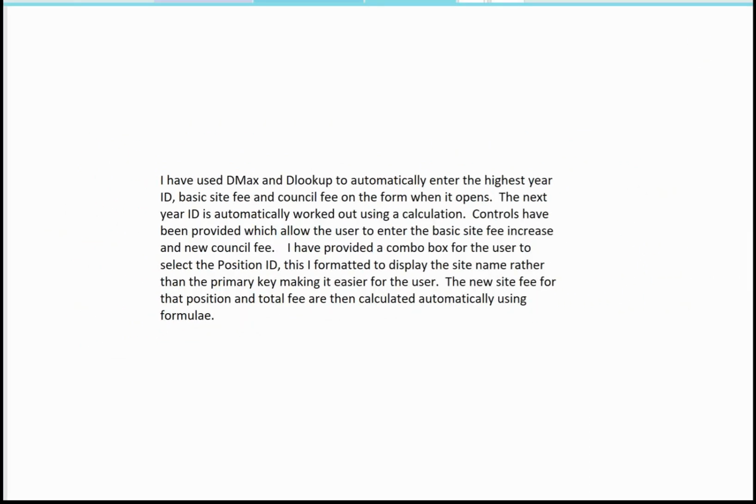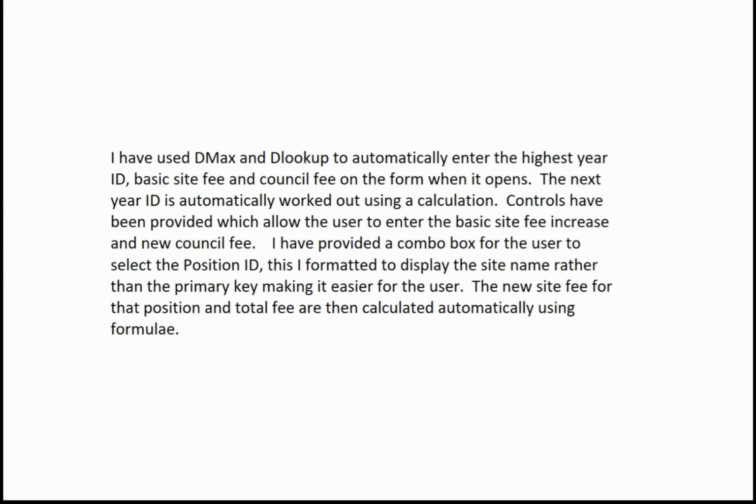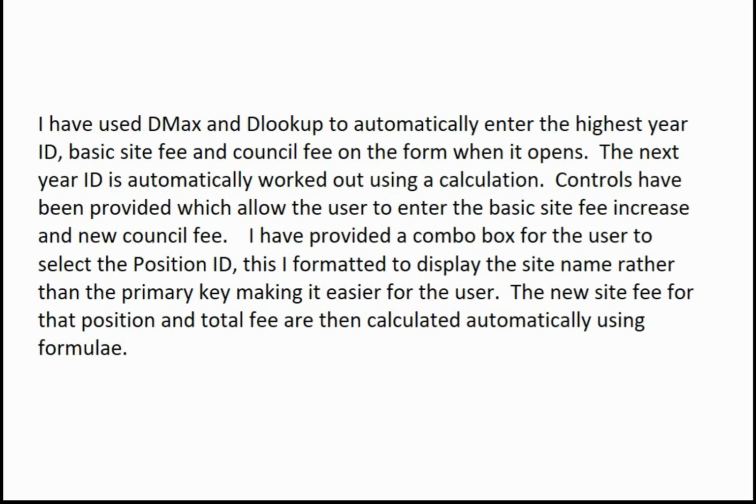The next paragraph starts evaluating form B. I've used DMax and DLookup to automatically enter the highest year ID, basic site fee and council fee on the form when it opens. The next year ID is automatically worked out using a calculation.